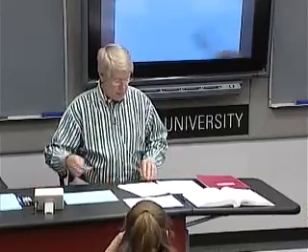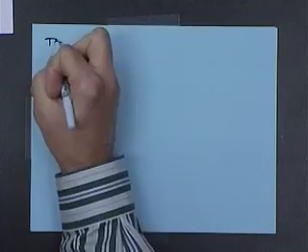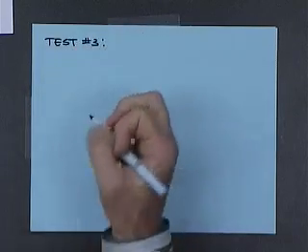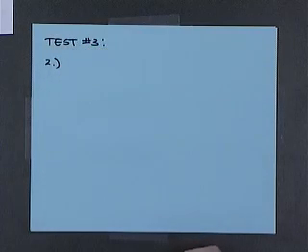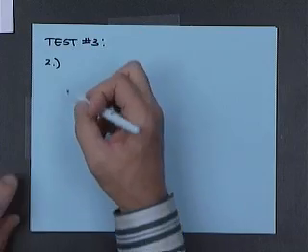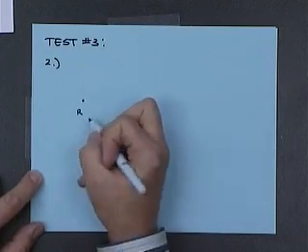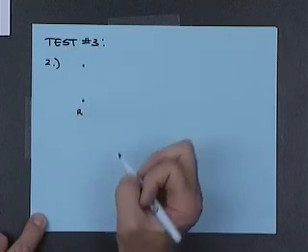Just some things in general that I noticed on problem 2. This is test number 3. Problem 2, and I wasn't trying to make this a trick problem by any means. We've got a radar station right here, and the plane is flying directly over the top of the radar station.